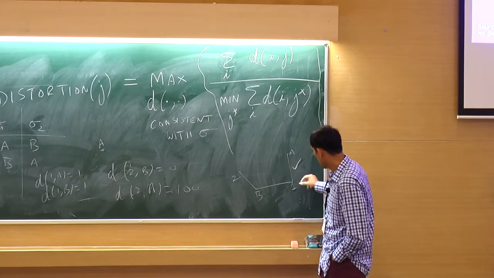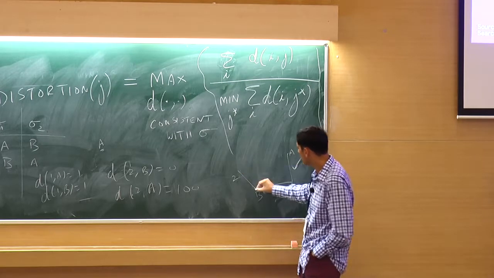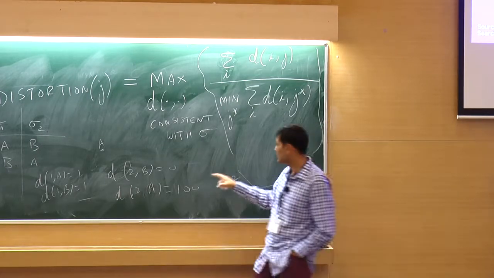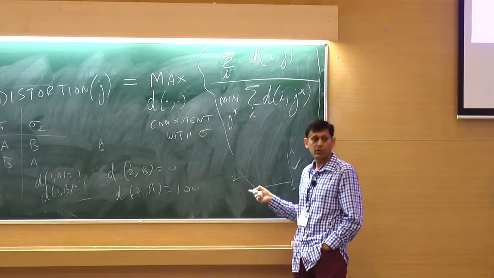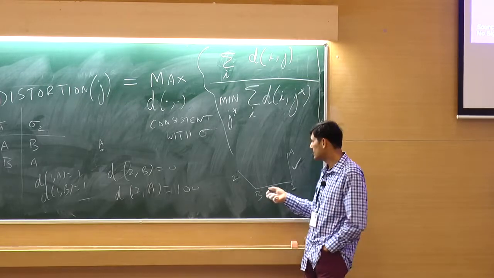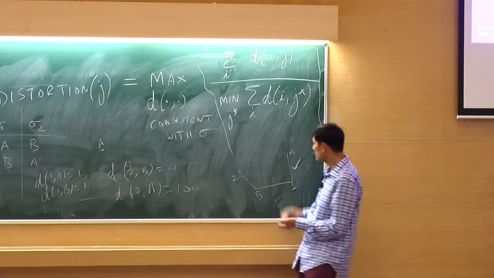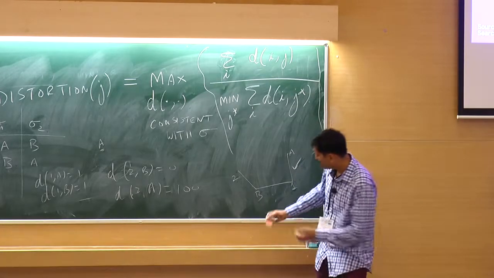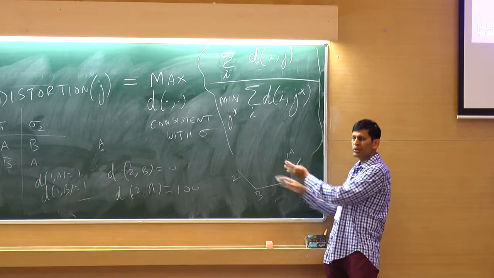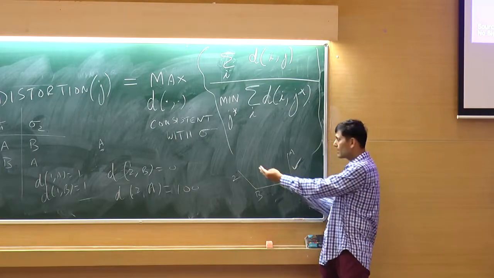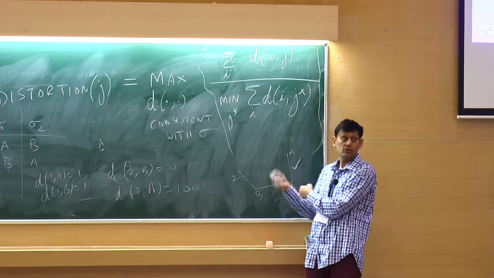So in fact, this is almost like a formal proof. The distortion cannot be more than 3. You can actually have distortion 3. So without loss of generality, let's say we picked A. Does it make sense how I could have argued, without seeing a formal proof, that distortion cannot be more than 3?